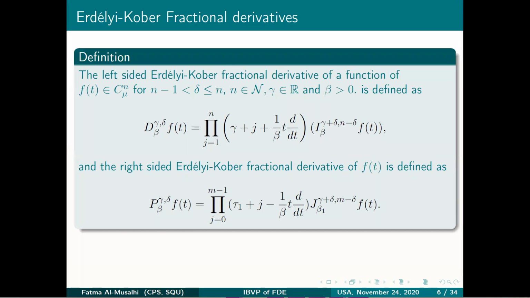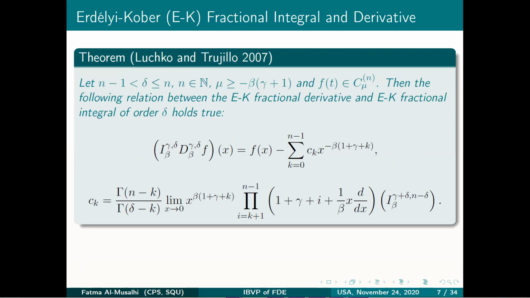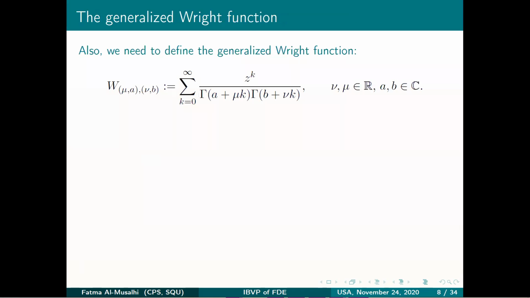Also, we need to recall the Erdélyi-Kober fractional derivatives, the left-sided and right-sided, and they are given by these forms. Also, we recall the inverse property, where the Erdélyi-Kober integral is the inverse of the Erdélyi-Kober fractional derivative.